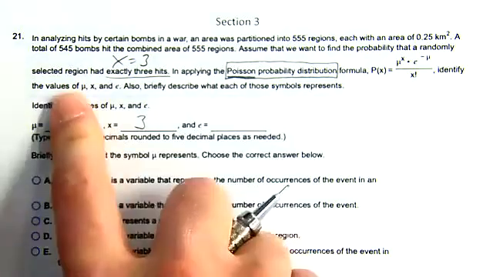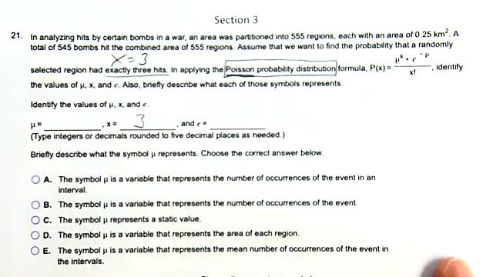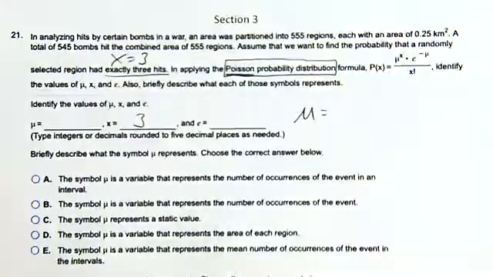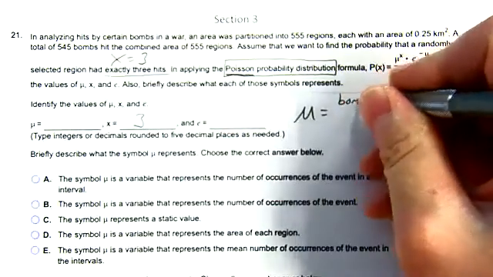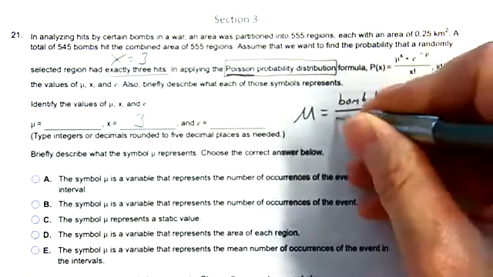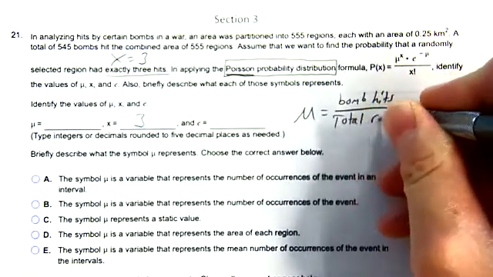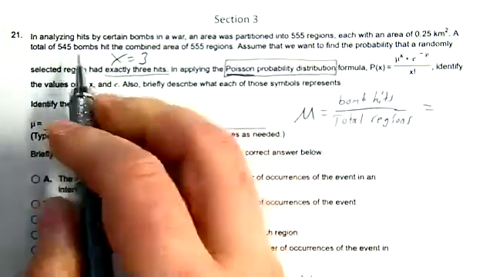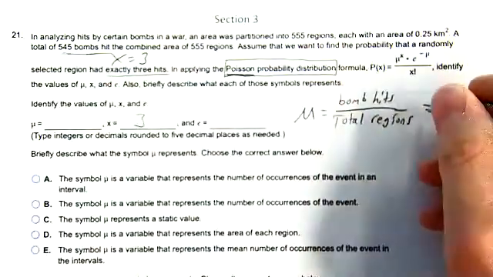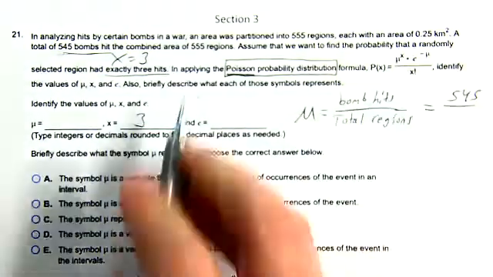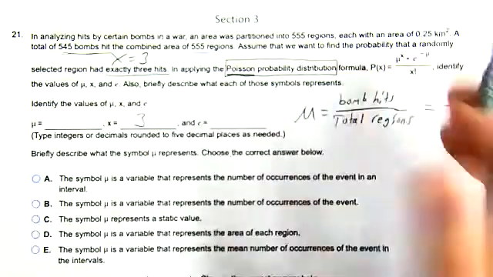Now mu is the mean number of bombs per region. So the way we would calculate the mean mu is we take the bomb hits divided by the total regions. So they told us there were 545 bomb strikes over a total of 555 regions.